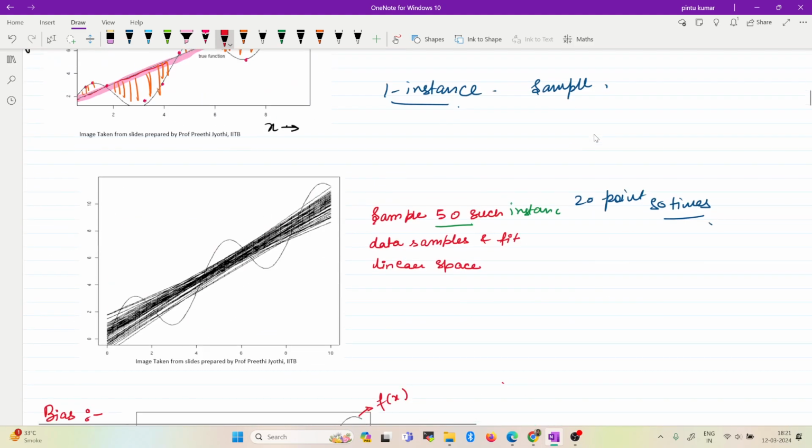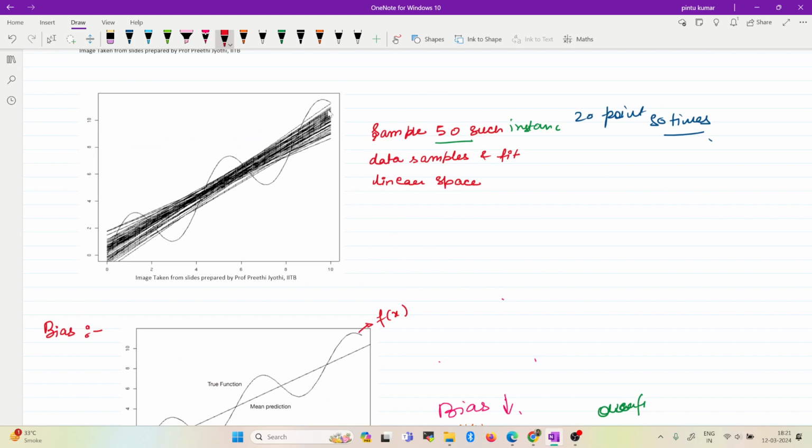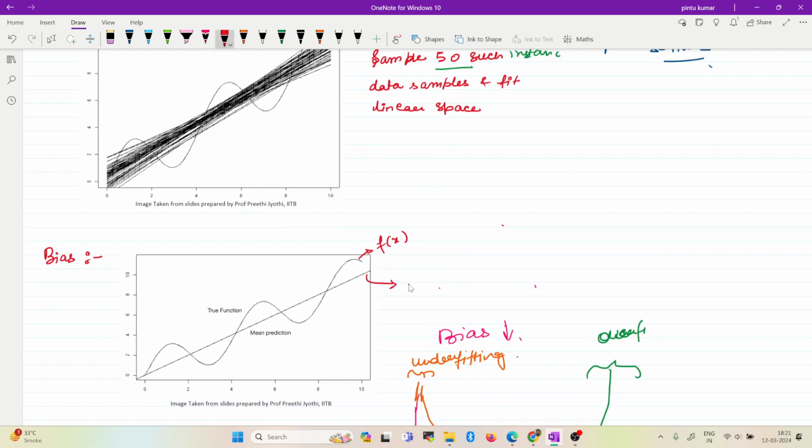Out of these 50 lines that we had, we take the mean of these 50 curves. Let's say this is my mean that I represent by g of x. I fitted 50 curves to 50 different instances, and now I have taken the mean prediction, that is, the mean curve. I can see that there is some error between the mean curve and the original function.